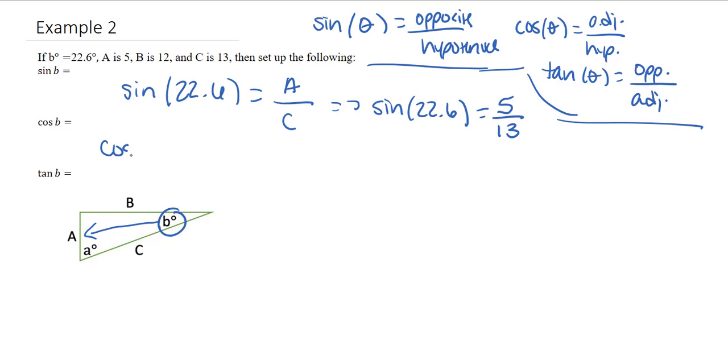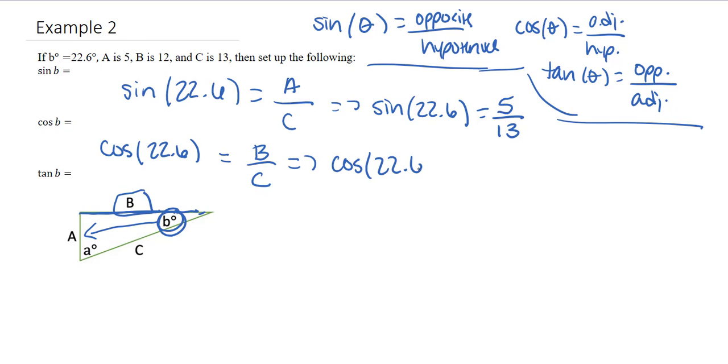If cosine is 22.6, we're still doing the same angle. And now this is adjacent. What's touching this angle right here? It's B. So this is equal to B over C. B is equal to 12, and C is equal to 13.